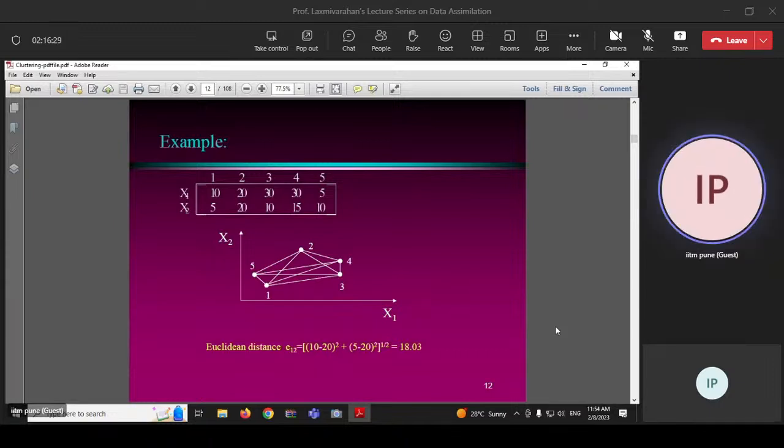Is the problem clear enough? I don't have any other information. I'm only given the data. From the data, I have to infer who are all similar to each other. There is no external teacher. That's why it is called unsupervised learning. I have to classify them based on the properties of the given objects.